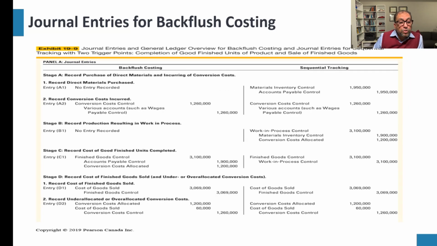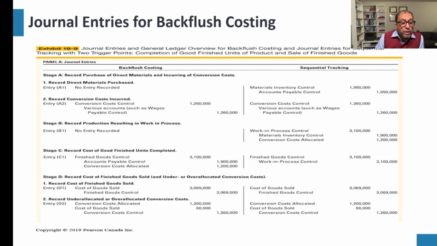In this case, we have journal entries and journal ledger overviews for backflush costing and journal entries for sequential tracking with two trigger points: conversion of goods into finished units of product and sale of finished goods.